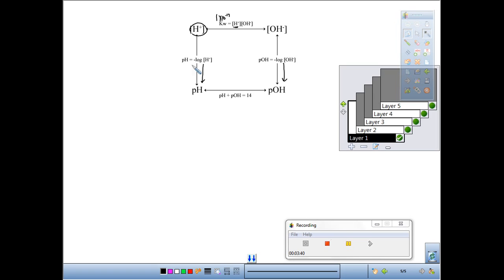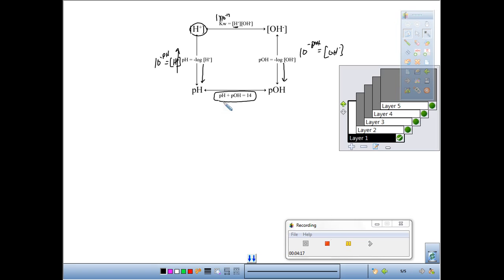Now, if you want to go back, if you're given the pH and want to solve it the other way, 10 to the negative pH equals the molarity of the H plus. And again, same thing here, 10 to the negative pOH is the molarity of the hydroxide. And then finally, this part's really cool. pOH plus pH is 14.